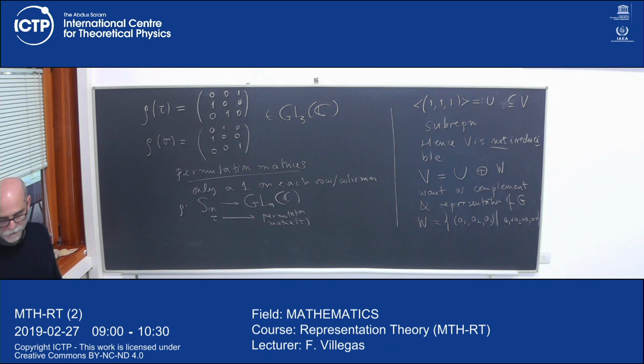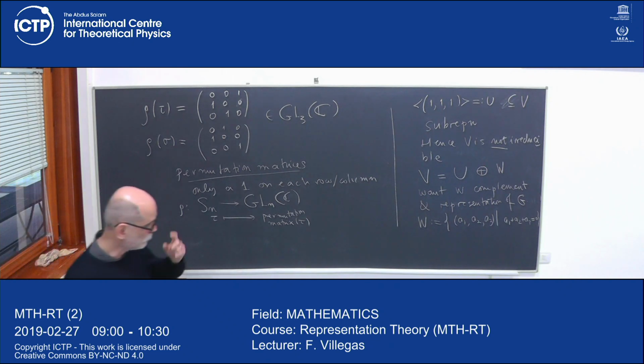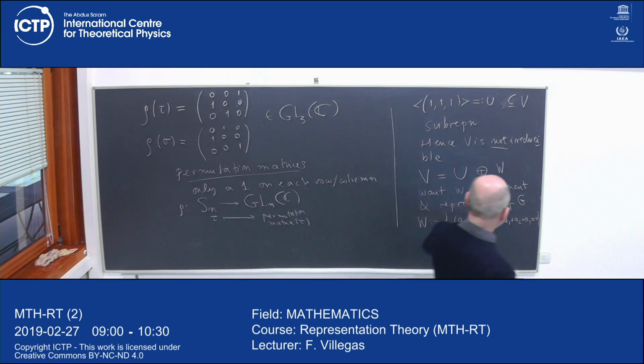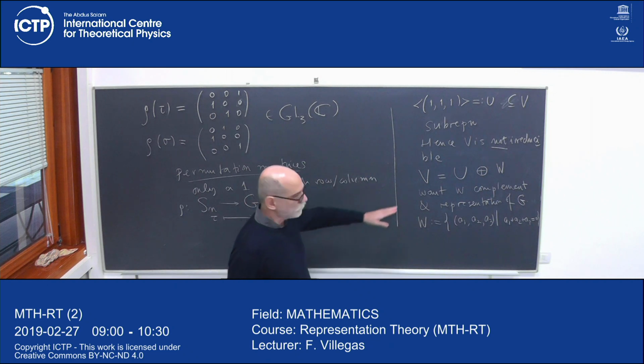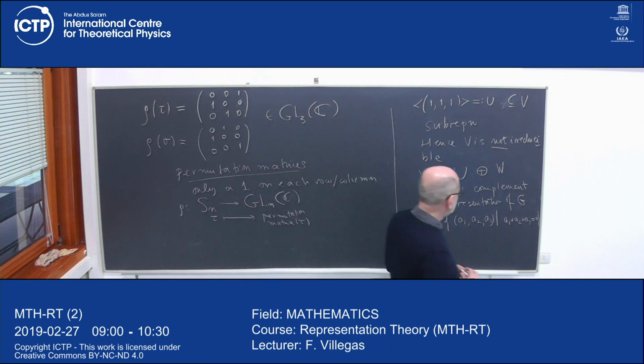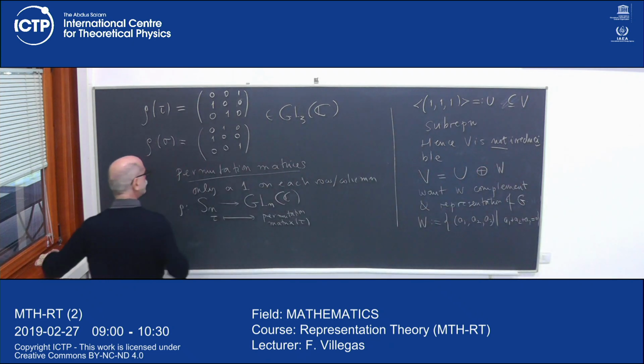So if the sum was 0 to start with, it will be 0 after you apply a permutation. You apply the representation. And this is certainly a dimension 2 vector space, and is complementary to the line. And is orthogonal, as I said, with respect to the usual Hermitian product on the space.